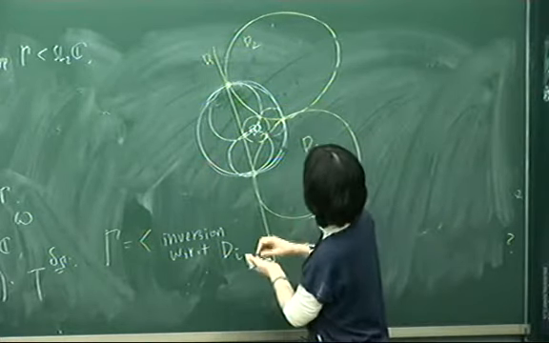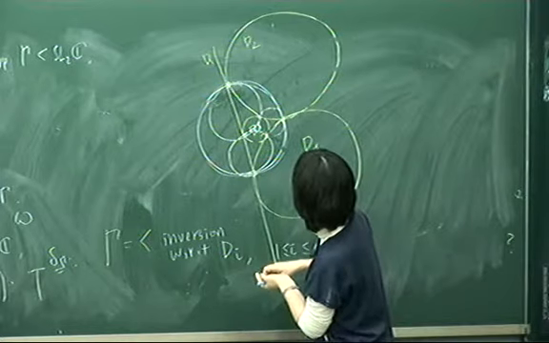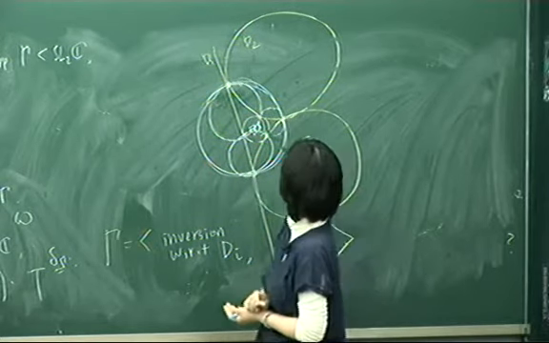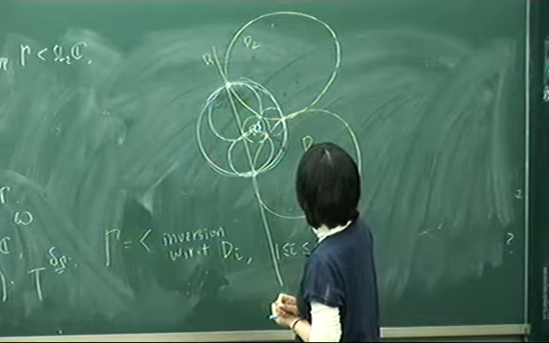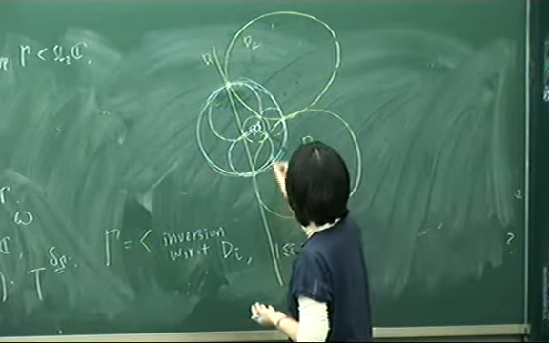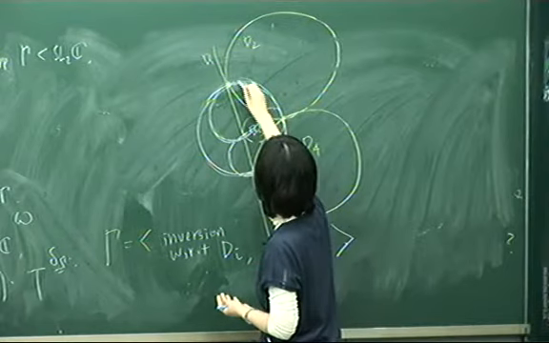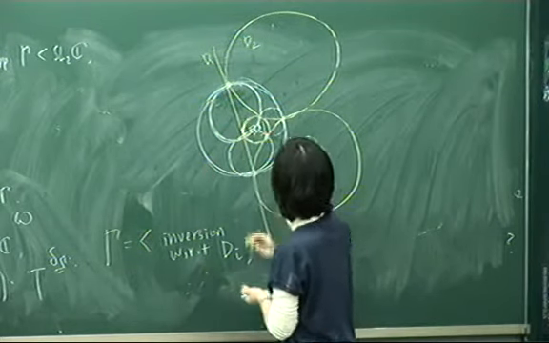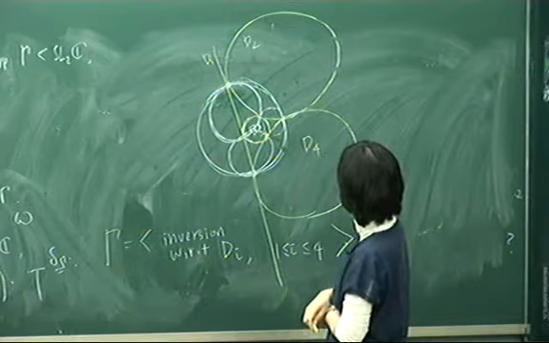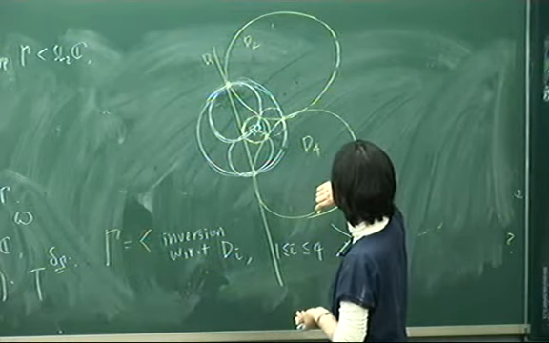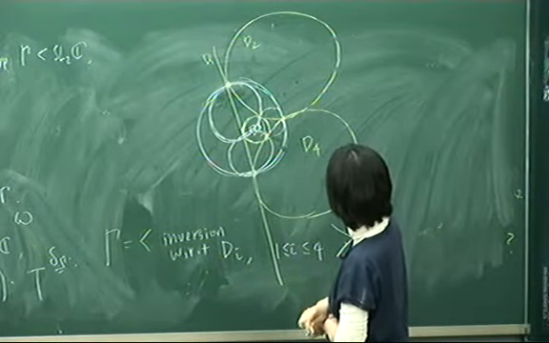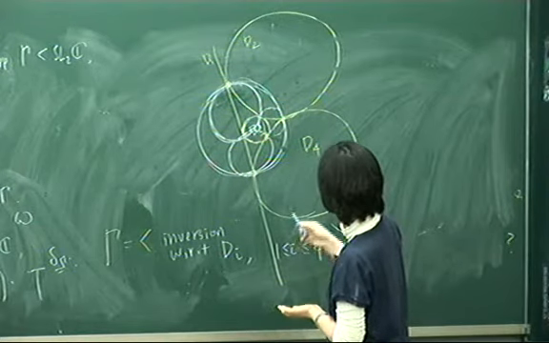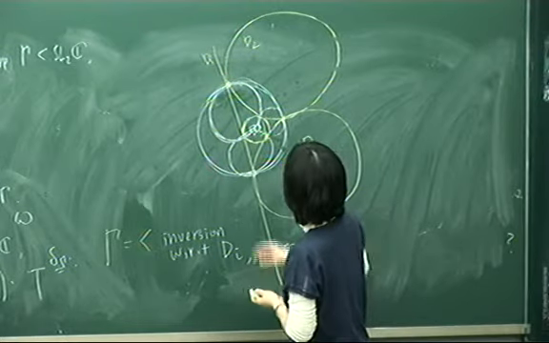I'm hiding this. And then if I invert this circle with respect to this yellow one, where should I get it? Right, exactly, it preserves this one.